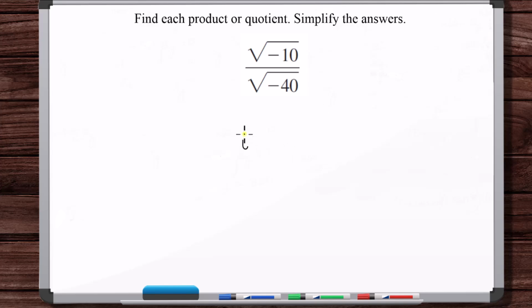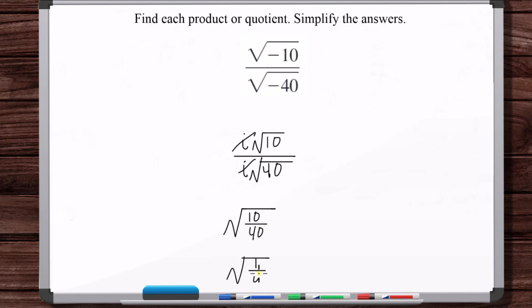Okay, so take out the i's first. Okay, now the i's cancel and we're left with, so this is going to be 1 over 2.